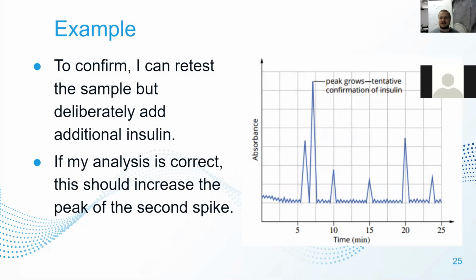So if we deliberately add additional insulin, we will get an increase in the peak height. So that's how we can run a confirmatory test.